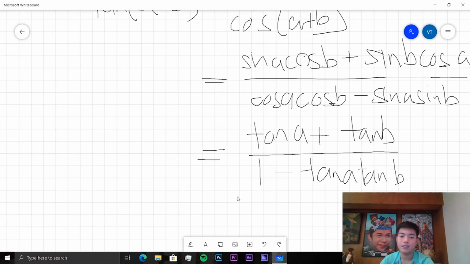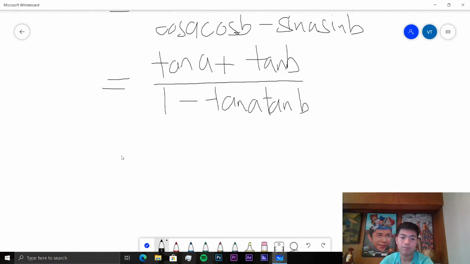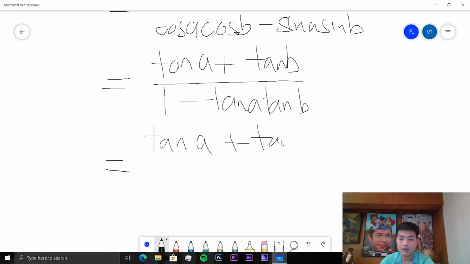The final part is to replace B with negative B to find the identity for tan A minus B. We know that this is equal to tan A plus tan of minus B. It should be noted that the tangent of minus B is equal to minus tan B, since the tangent graph is odd.